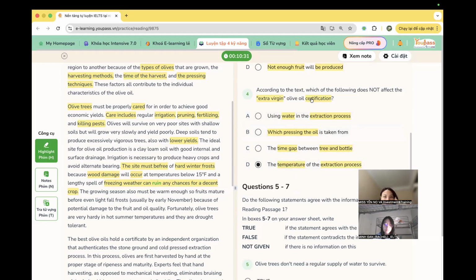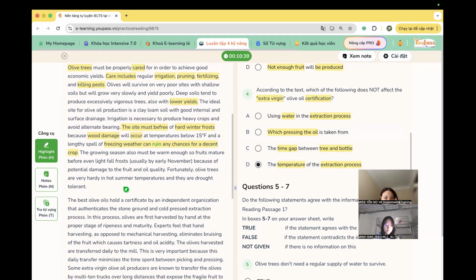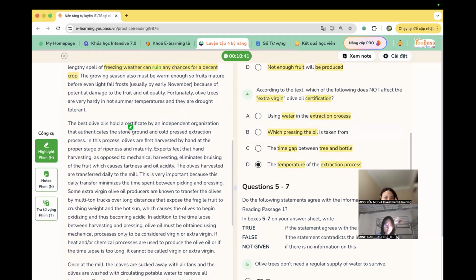Okay, so to find certification, you can go down a little bit from the front until we see it in the first line here. The best olive oil holds a certificate by an independent organization. They authenticate.